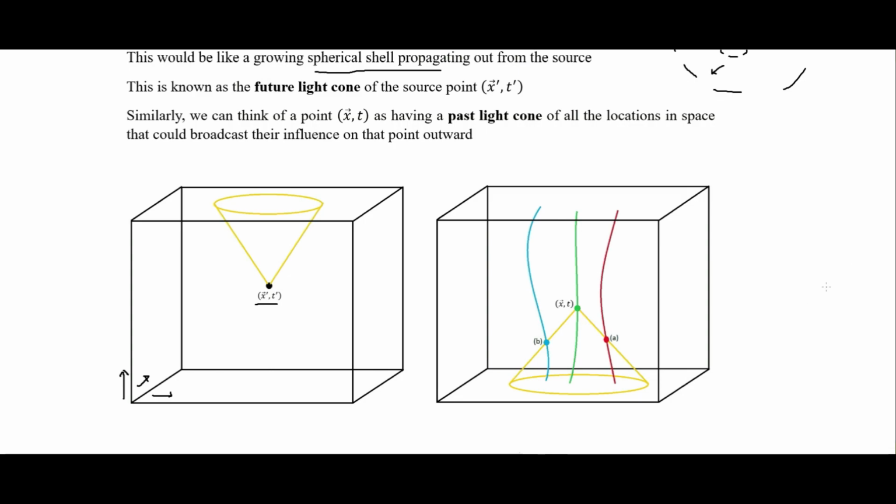So we're looking at this point in space and time, and that field would then propagate outward that way. But we can also look at the past light cone of some point in space and time right here. That is all the points in space and time in the past that could actually exert some influence on that point there. Something right here in space and time would not be able to influence this point right here because it's not within that past light cone.